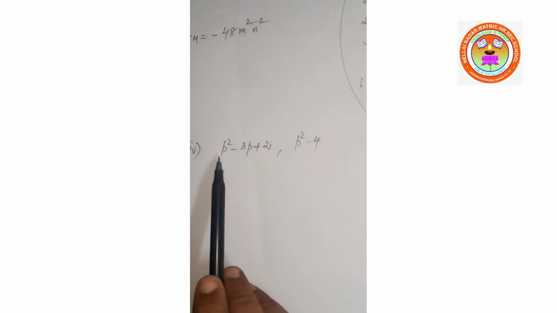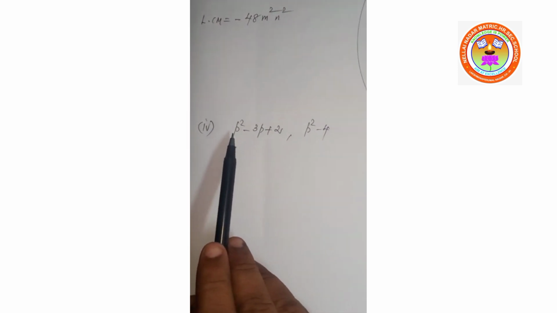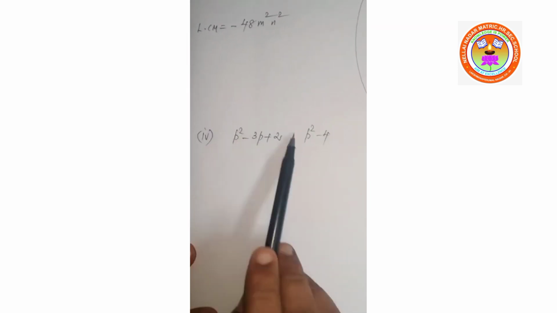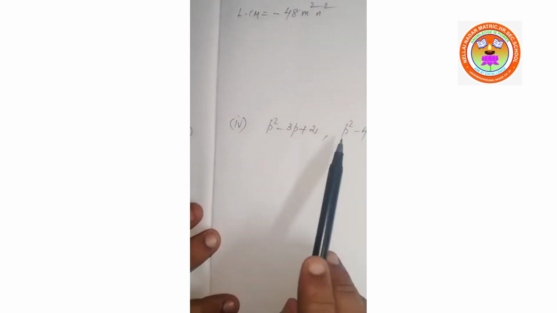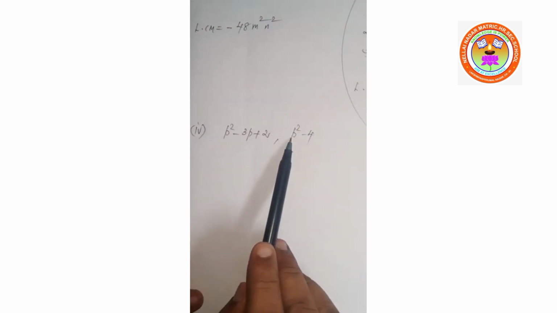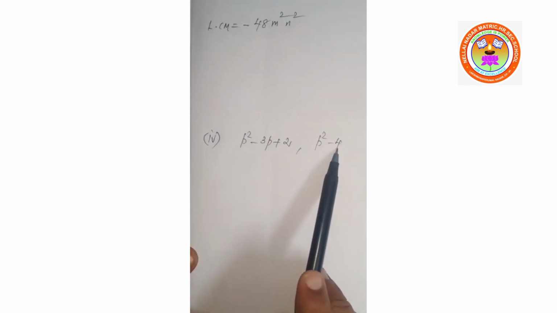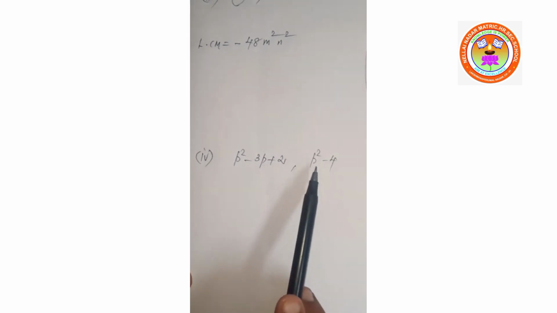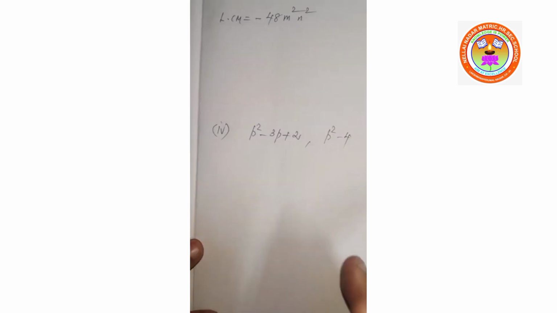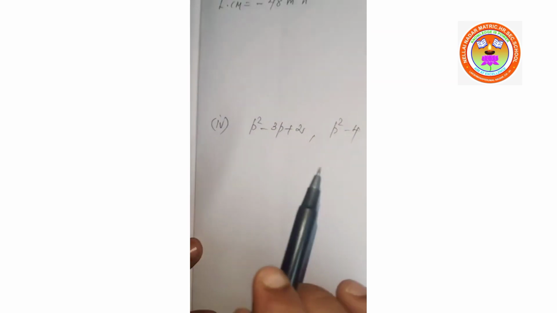Here this expression has 3 terms, p squared minus 3p plus 2. This is a trinomial. Here two terms, p squared and minus 4. This is a binomial. Bi means 2, tri means 3. In that case only, if it is possible, you can go for the identities.